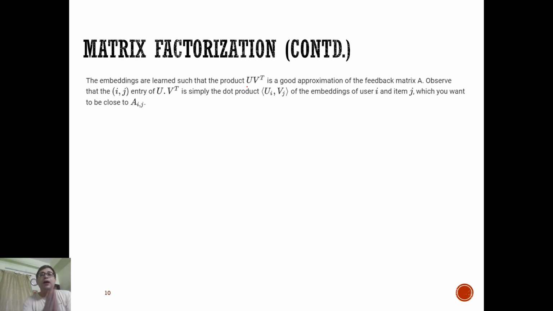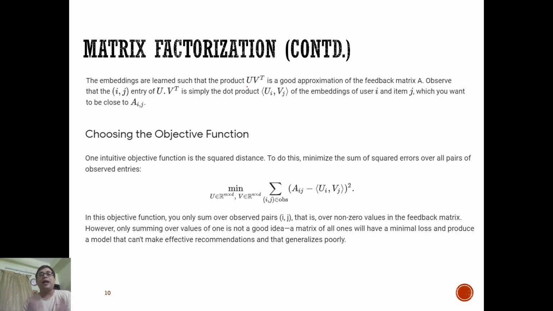That should be as close as possible to the actual rating. And how can I do that? I can use our simple mean square technique, right? This is your original rating, and this is the rating you are getting by multiplying these two sub matrices.